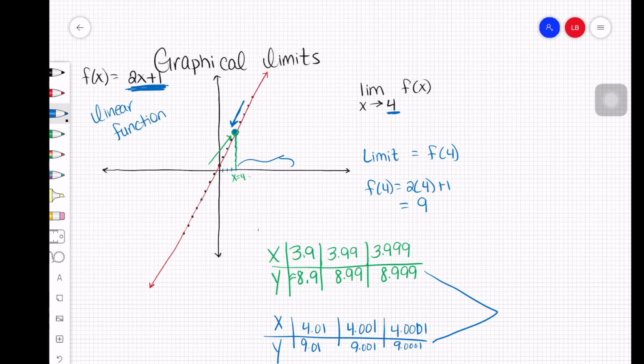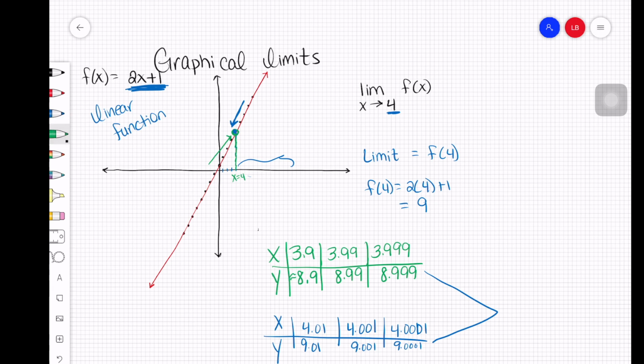But if there was a hole in the graph, then you would have to do what I just did by looking at the graph. And we would say, what point would be there, or what point could be there, or what is my missing point? What if my patterns were to continue from both sides?